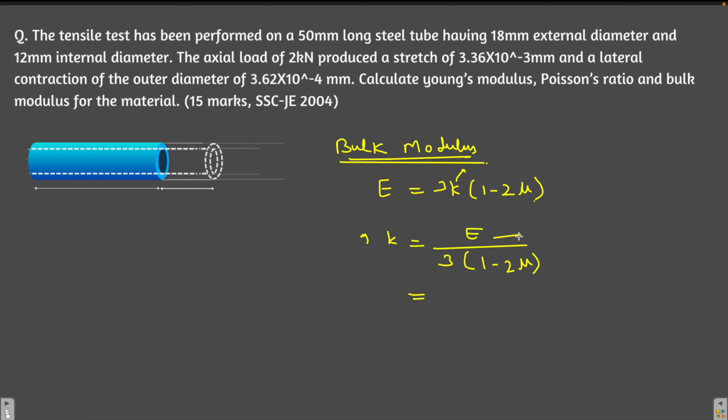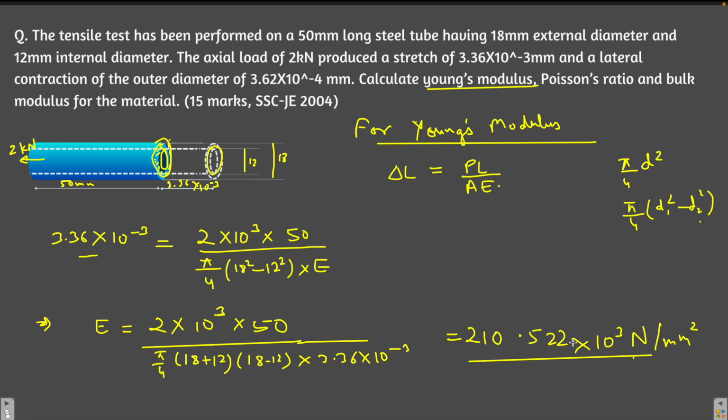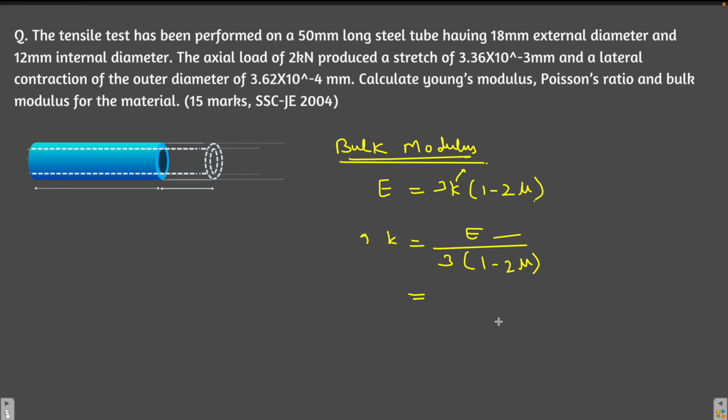Value of E, which we have calculated from the first part, is 210.522 into 10 to the power 3. So we'll put this: 210.522 into 10 to the power 3 by 3 into 1 minus 2 mu.